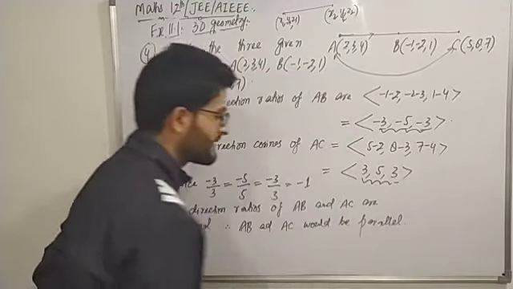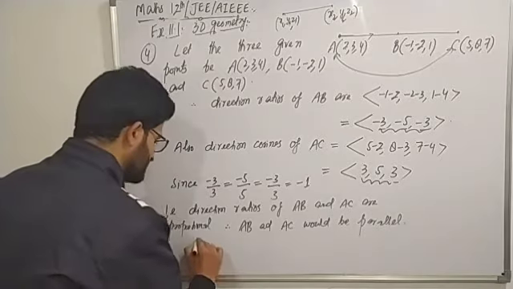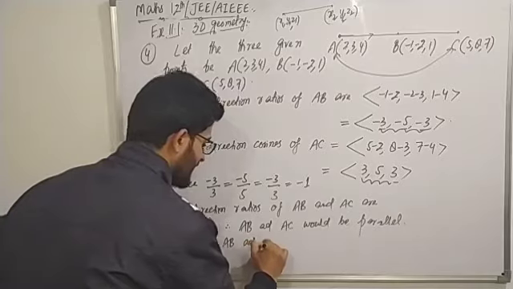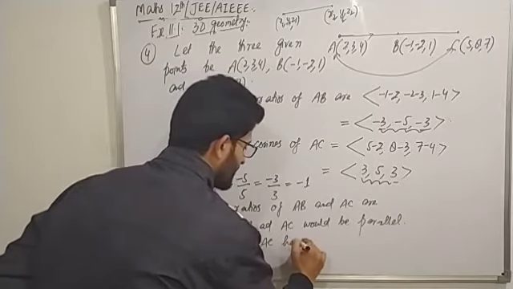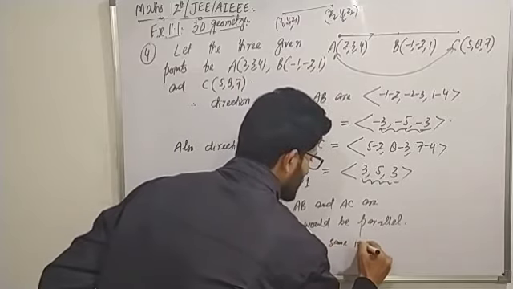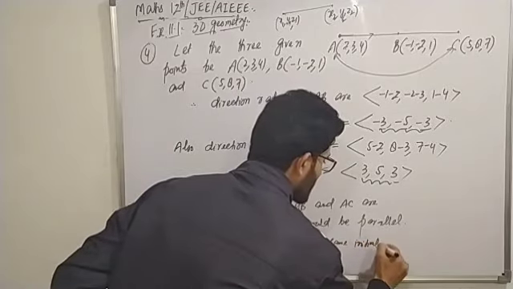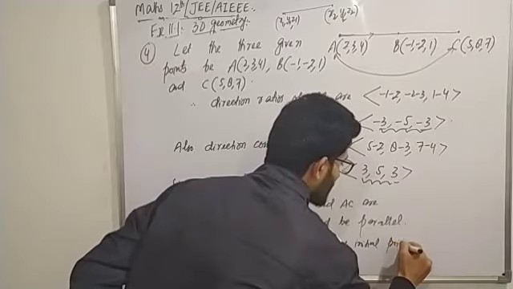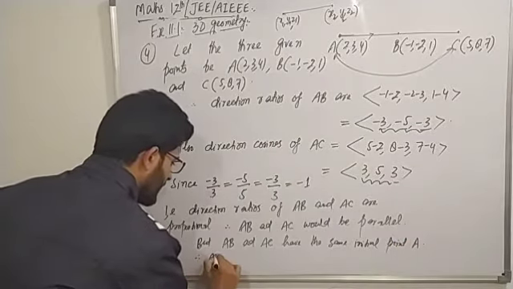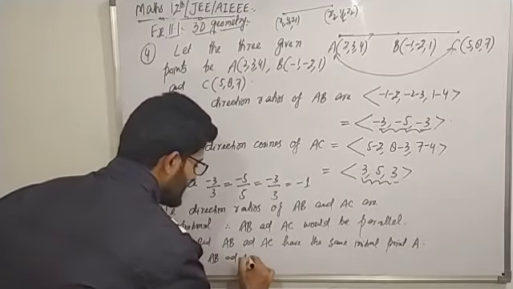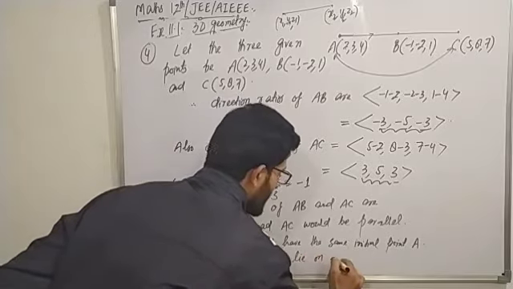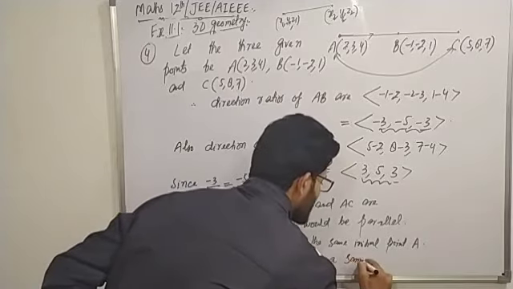Therefore AB and AC must be parallel, but AB and AC have the same initial point, yes, A. Therefore AB and AC must lie on a same straight line.